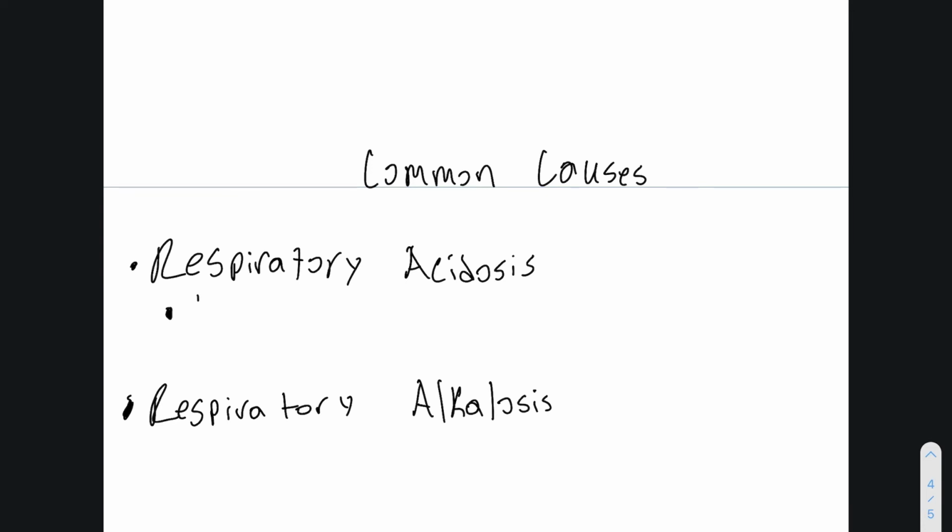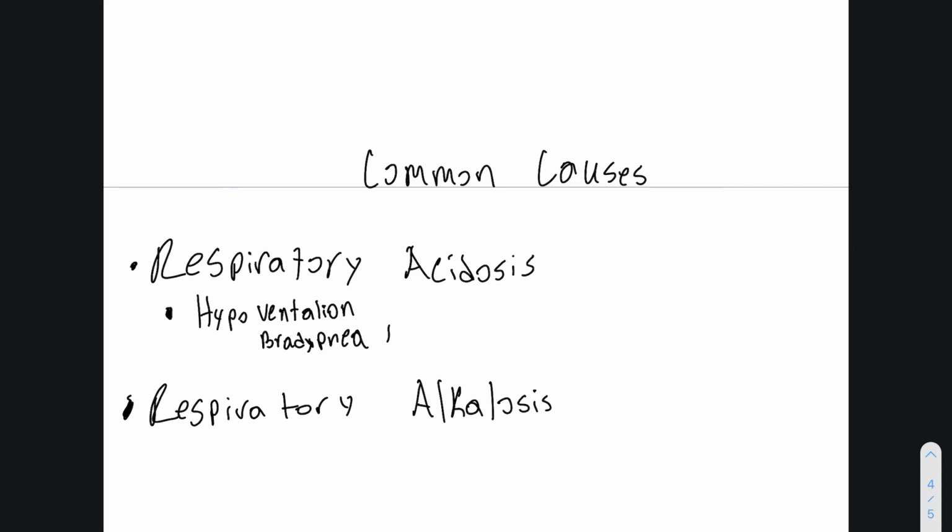So it could even be as simple as just hypoventilation or bradyapnea. Anything that causes slow breathing, because think about it, you're not releasing that CO2 as fast as you should. So it's going to cause you to hold on to that CO2 because you're not exhaling. So it's going to cause an acidosis because you have an excess of CO2.